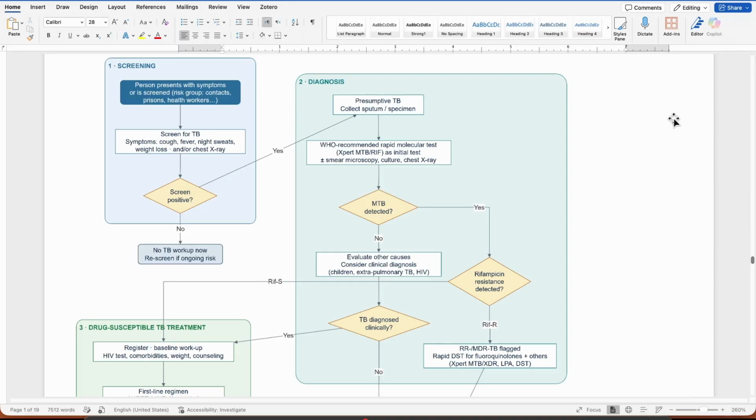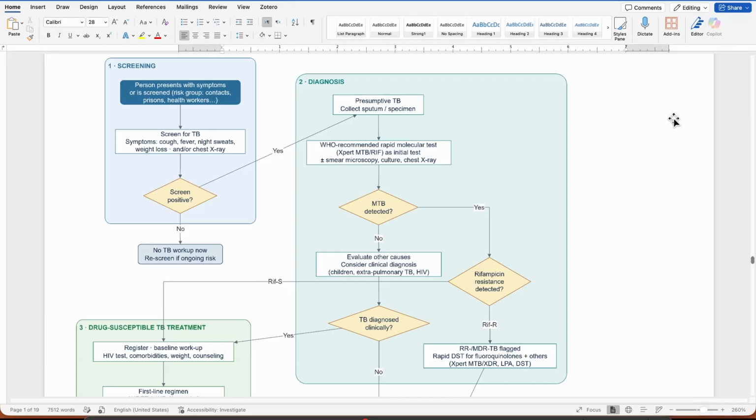So there are certain tests recommended by WHO. Mainly, there's smear microscopy, which basically gives you MTB detected or MTB not detected, meaning in your sputum sample, does the TB bacteria exist or not.